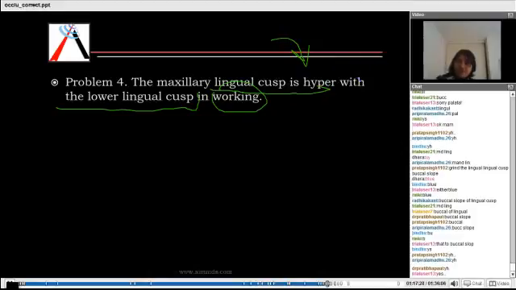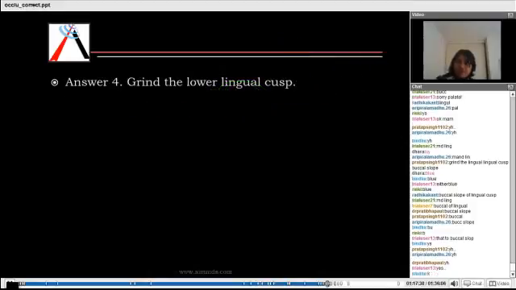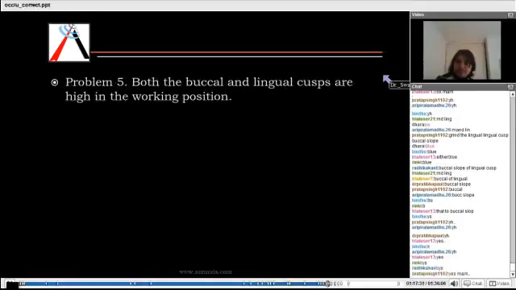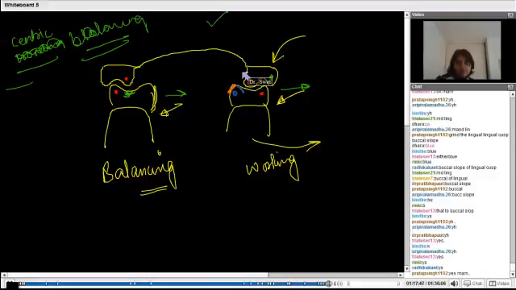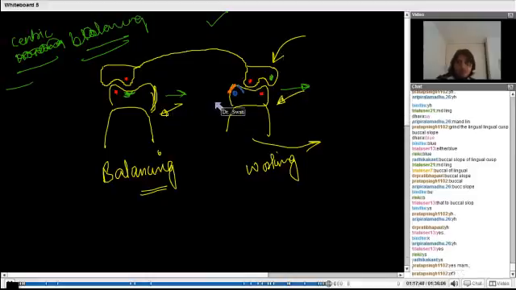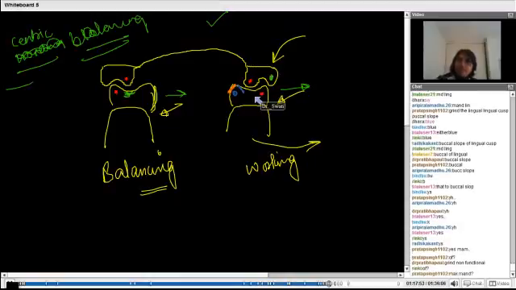Now, the next question. All clear till now? Yes. Now look at this, okay? Both the buccal and lingual cusps are high in working position. See, both the buccal and lingual are high.